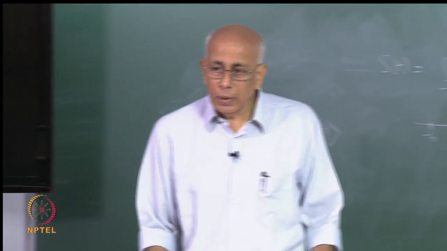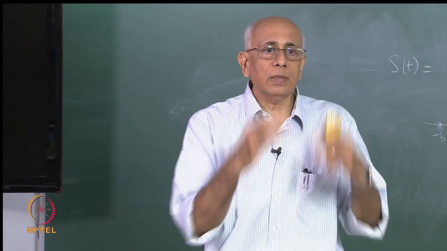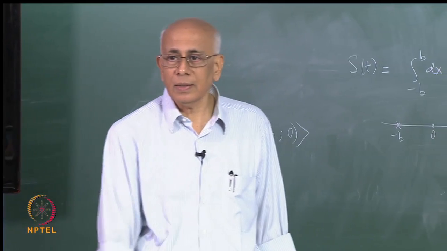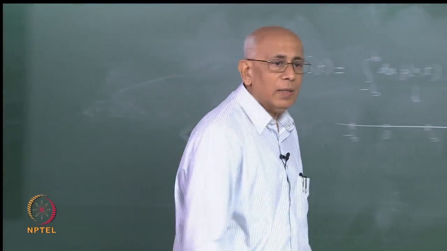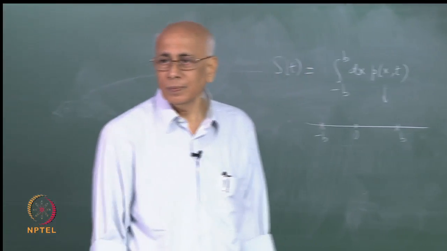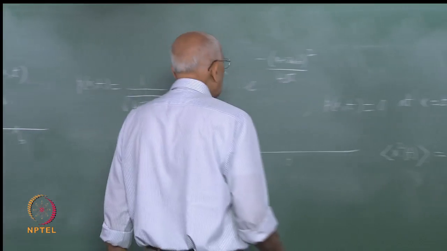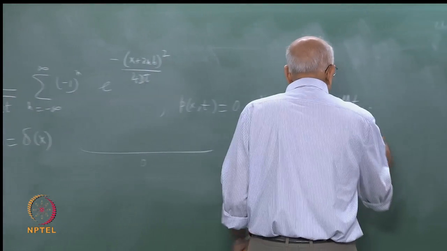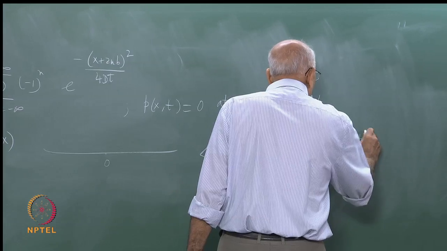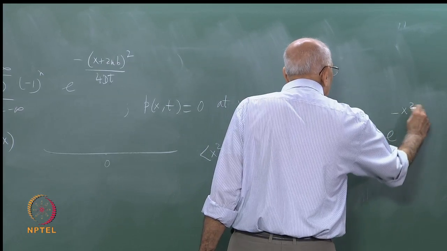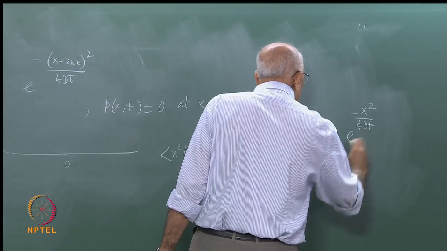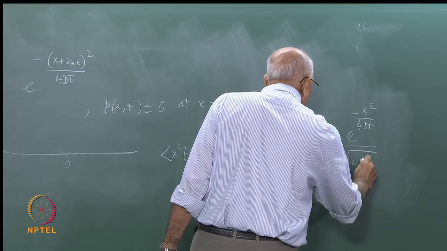All you have to do is to take the second moment of this Gaussian distribution. You know the answer is a Gaussian distribution, and you know that x of t average is 0 for all t, right. So it is triviality itself. Remember that in the case of free diffusion, p of x comma t was e to the minus x squared over 4 Dt divided by square root of 4 pi Dt.